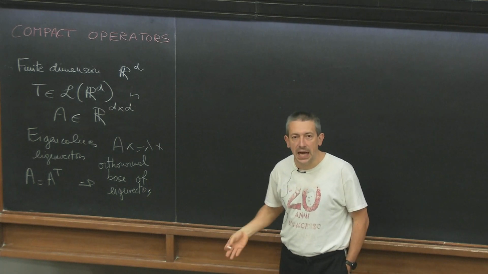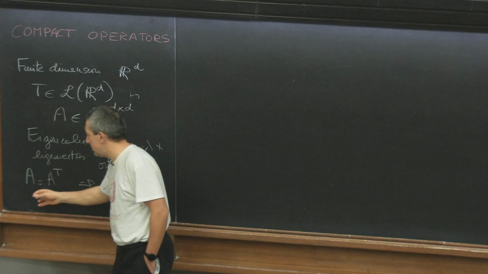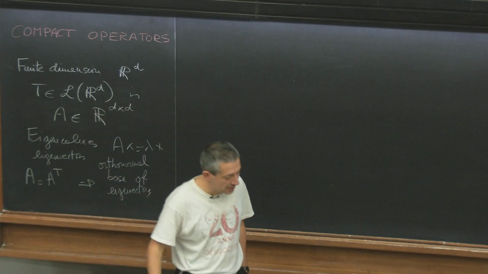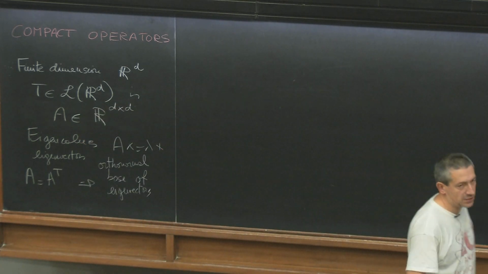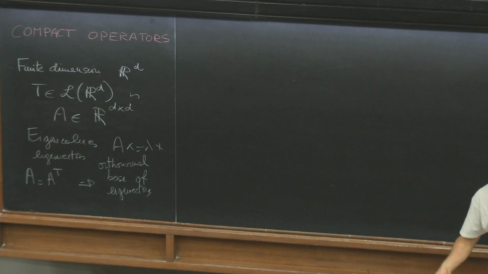The same can be done for compact operators, which we can call symmetric, because here there is no problem. But actually, what you will see in the literature is self-adjoint. Self-adjoint is different than symmetric when the operators are unbounded, but we will not analyze this case.